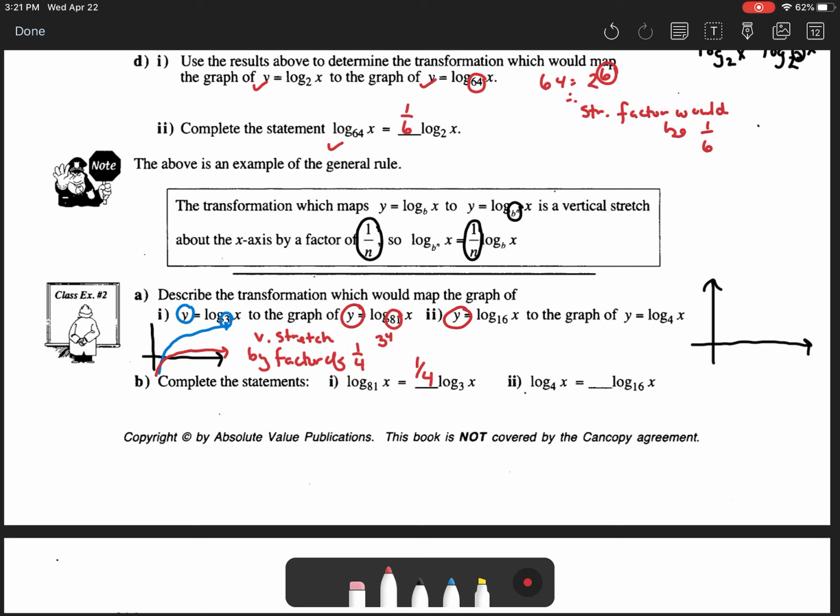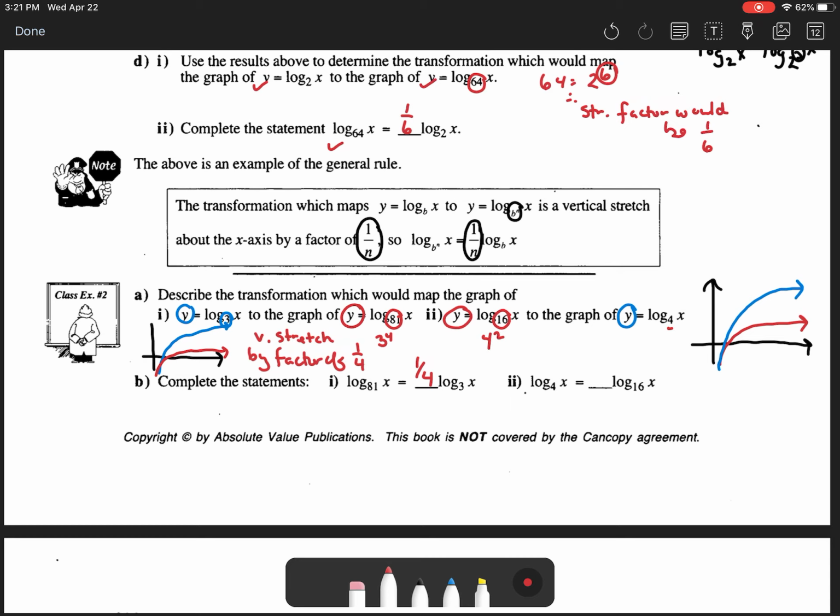Next example. So this one you want to be really careful, maybe even put a star beside this one, and the reason being is this is what happens in this question. They want to go from log base 16 of x to log base 4 of x. This is log base 16, okay? It's closer to the x-axis than this graph is. So this time I am going to stretch by a whole number because I'm going from the red to the blue.